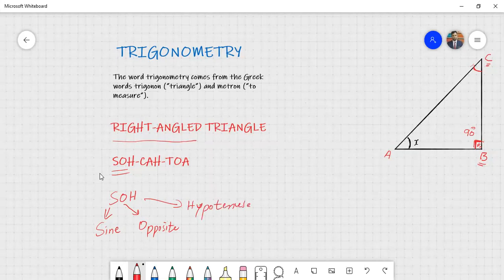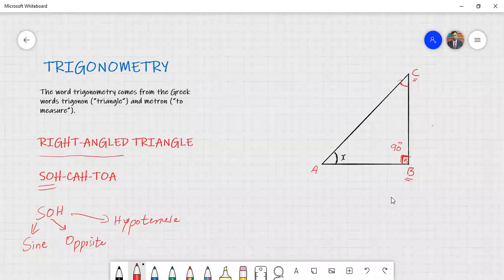So SOHCAHTOA stands for sine, opposite, hypotenuse; cos, adjacent, hypotenuse; tangent, opposite, and adjacent.